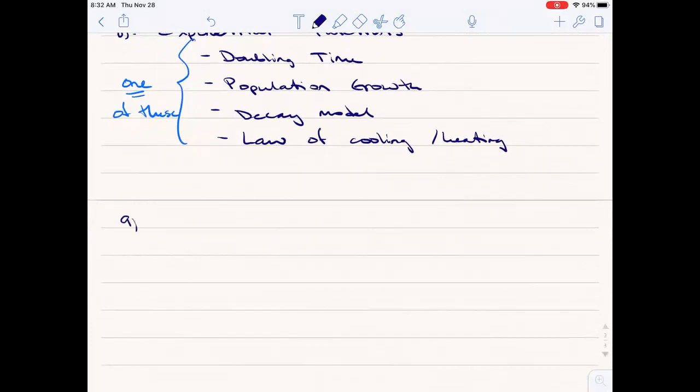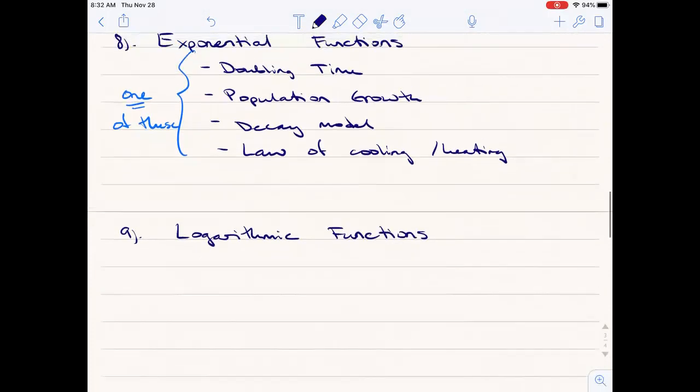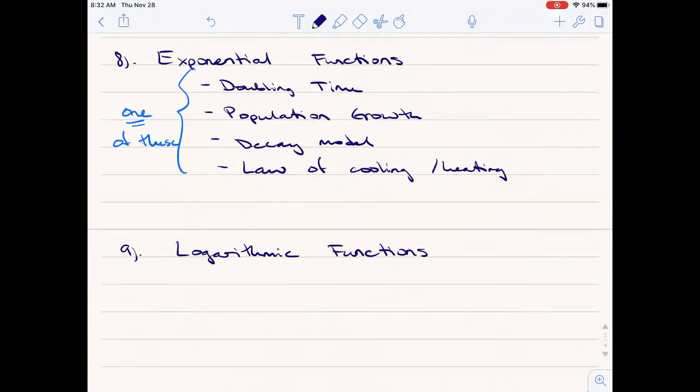Question 9, equally vague, logarithmic functions. There's not as much to choose from here for logarithmic functions, right? We did a pH one, and that is actually the ideal pH for goldfish.